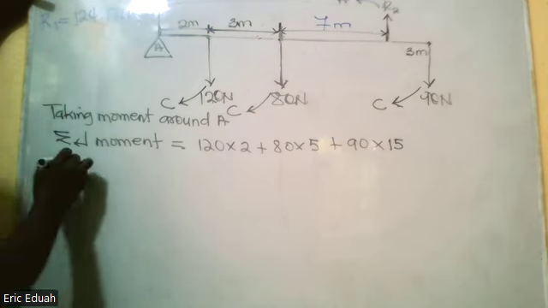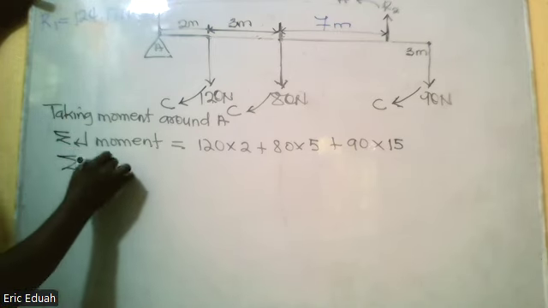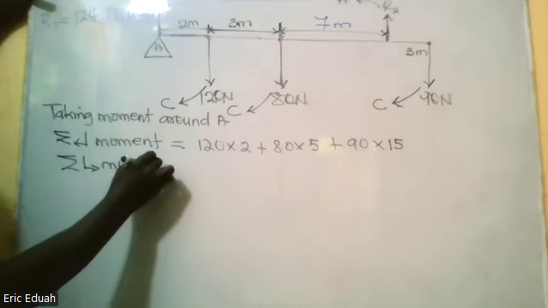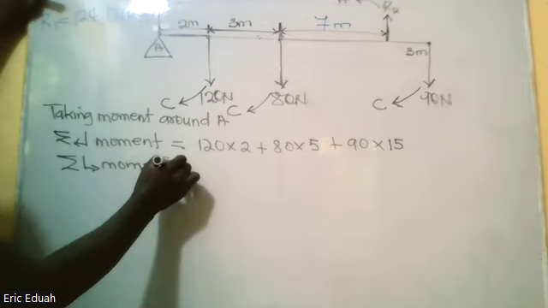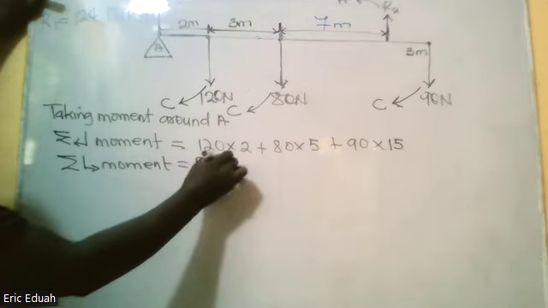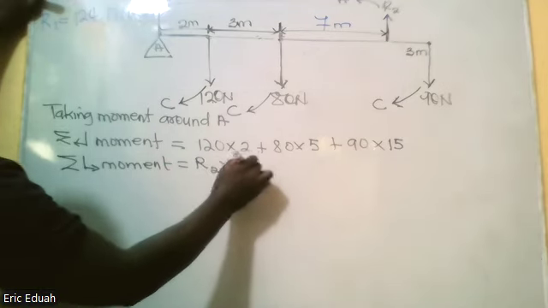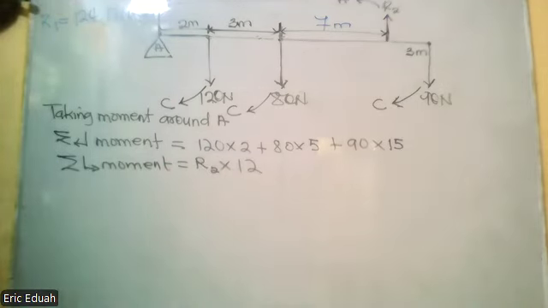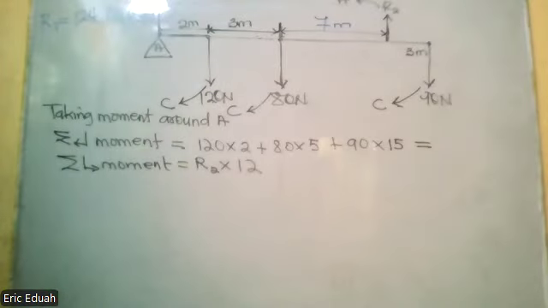Then anti-clockwise moment, we have R2 by 12. Then we equate. So let's sum this up. Please determine the sum of clockwise moment for me.